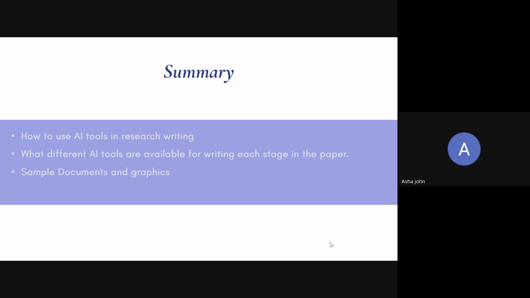So in summary, we have learned how to use the AI tools, where to use, what to use, and what are the different AI tools available for research paper writing in every stage of the paper. The paper has many stages. We discussed what the stages are, from the abstract to the conclusion, and what AI tools you can use for every stage of the paper.